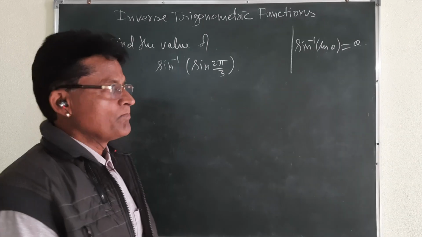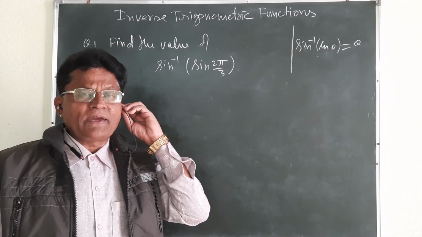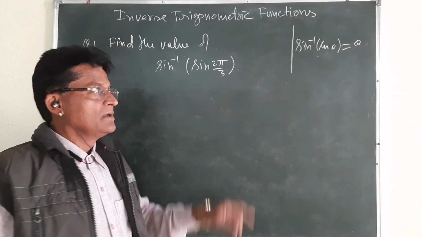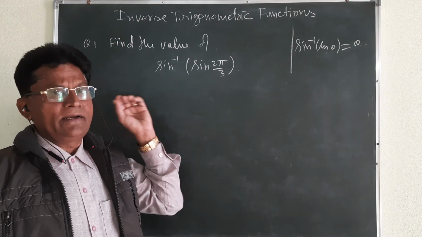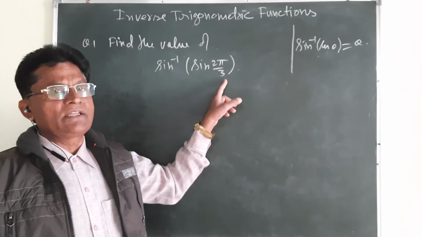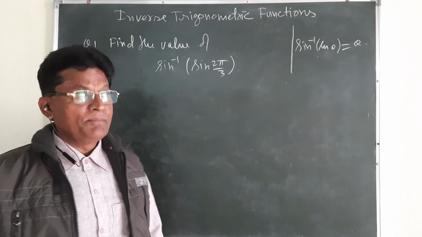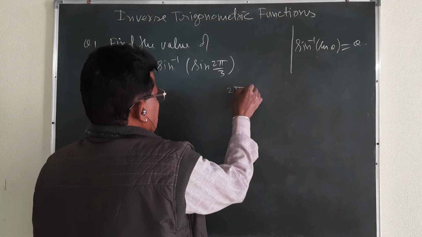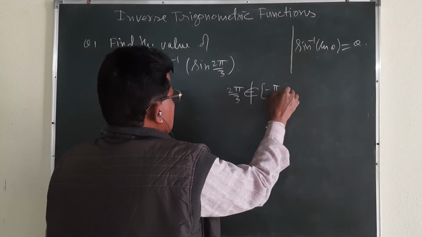Let me discuss. You see, 2 pi by 3. 2 pi by 3 means you change it into degree. The value of pi is 180 degree. 180 divided by 3 is 60, 60 into 2 is 120. Means 2 pi by 3 does not belong to its range.